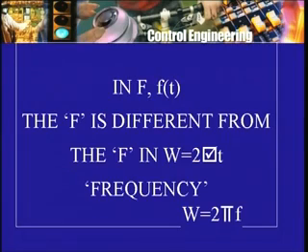in electrical engineering is preferably used for what is called angular frequency, or omega equal to 2 pi f in radians per second. However, for our control theory purposes, the letter omega is also very commonly used for angular velocity.